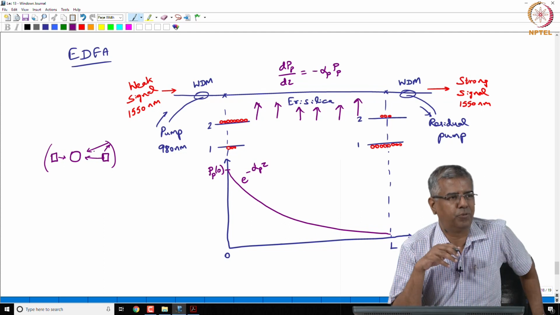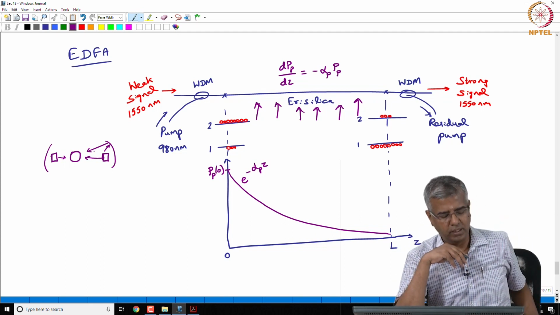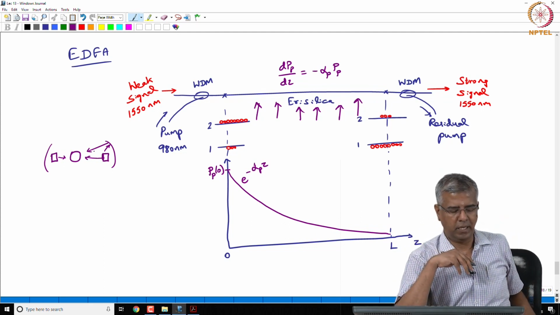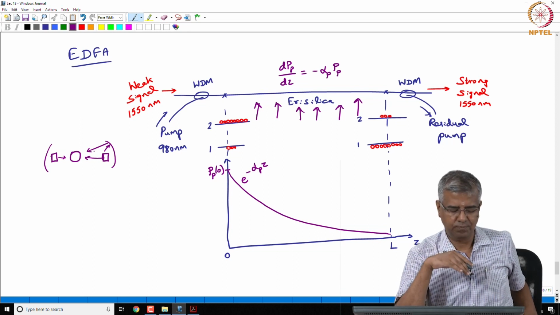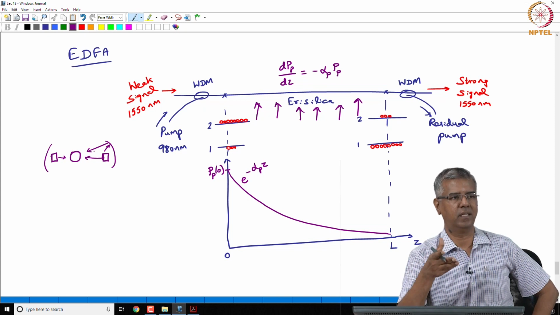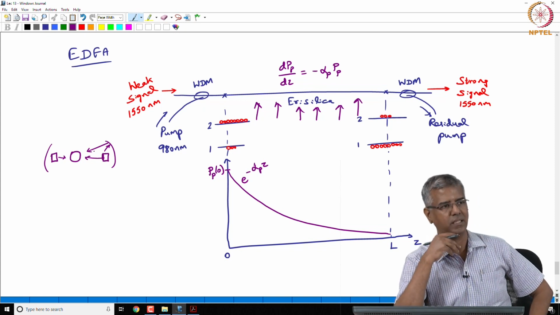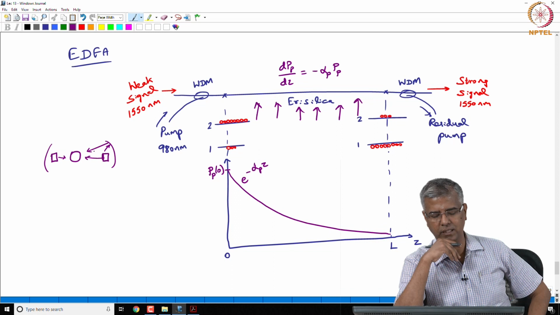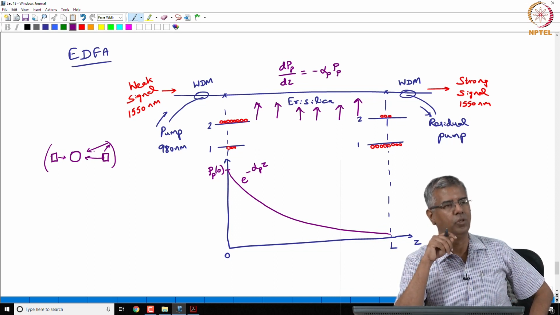There are different configurations, but the idea is that you have to go to some crystal or bulk glass form so that you can achieve uniform excitation.